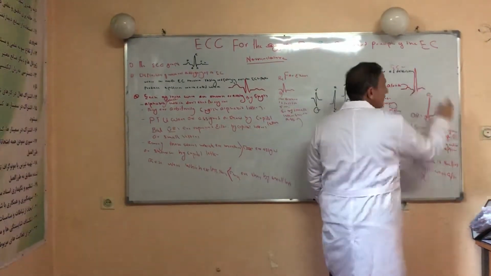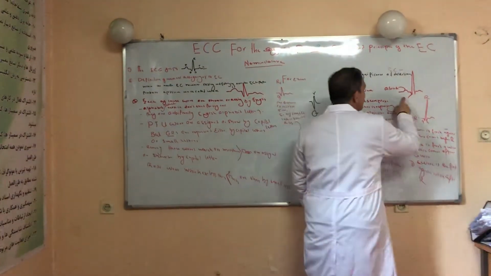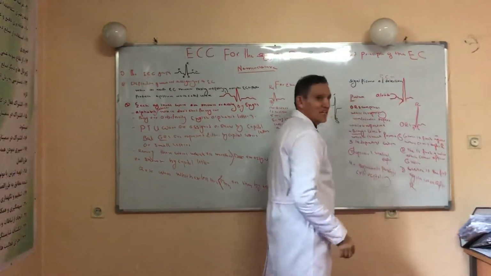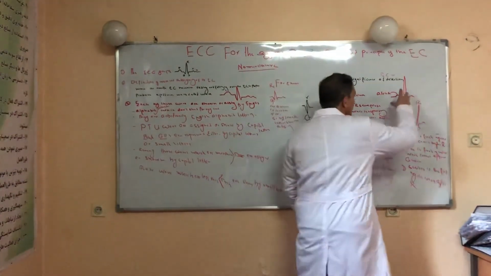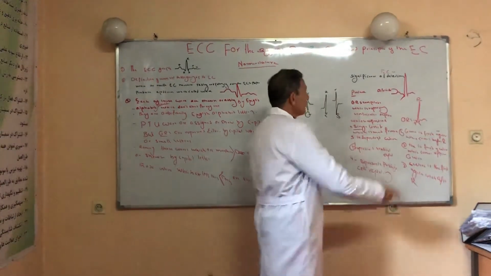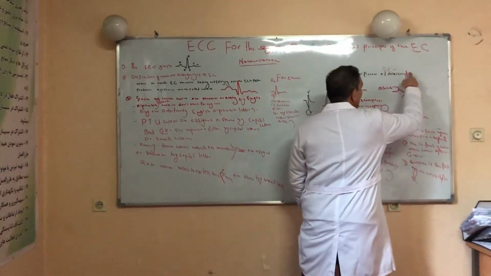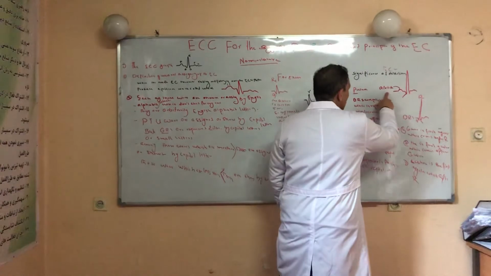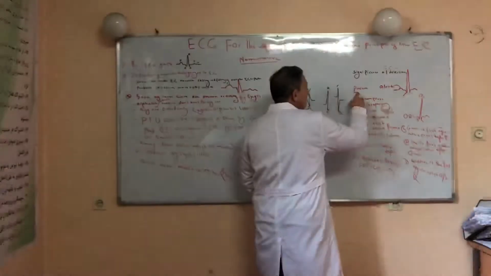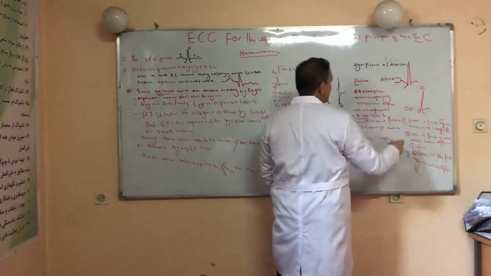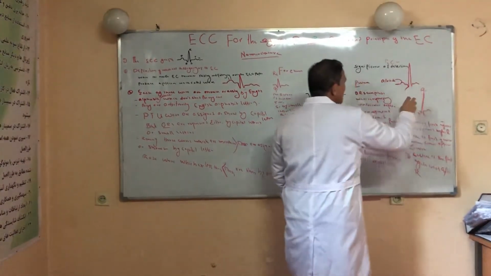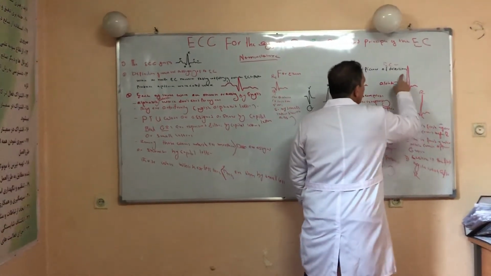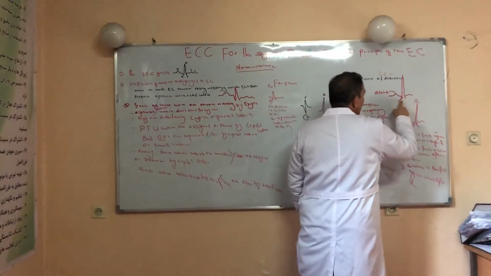After the P wave, you come to the QRS complex. This QRS complex represents ventricular depolarization. It is presented as a single unit, but actually it is made from three separate waves: the Q wave, the R wave, and the S wave.